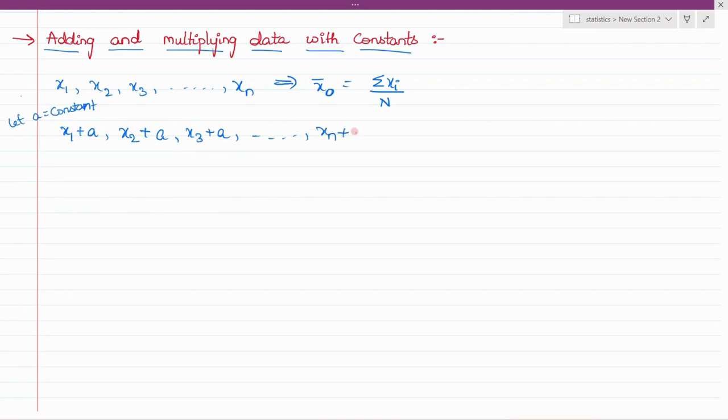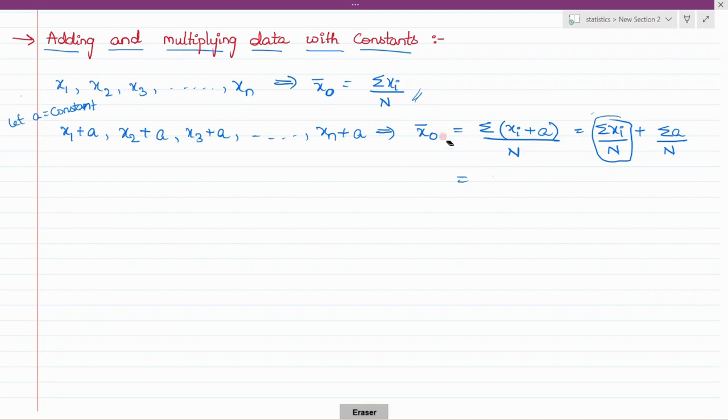Now let us see how the mean changes. The new mean will be sigma of xi plus a upon the total number of observations. Now we can split it like sigma xi upon n plus sigma a upon n. Sigma xi upon n is nothing but the old mean, right?